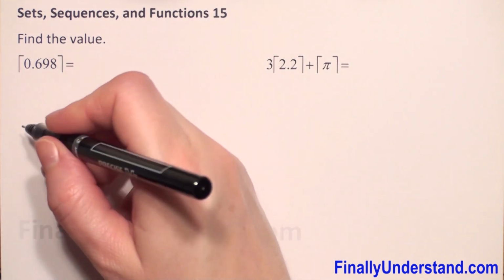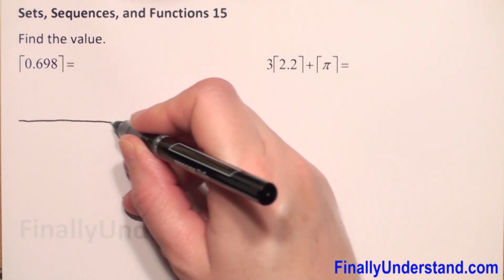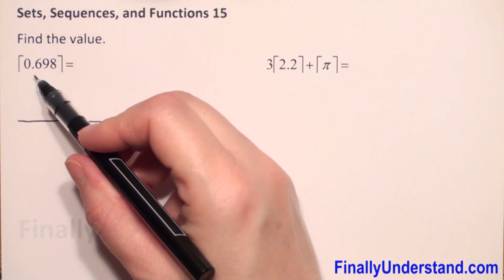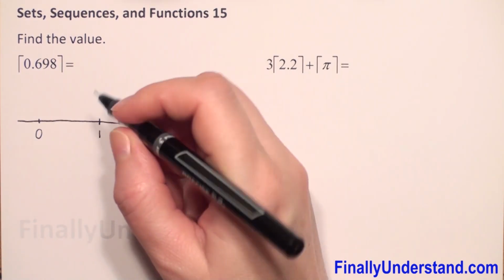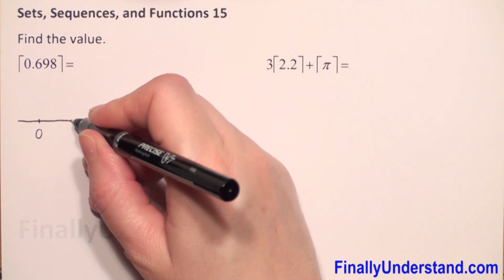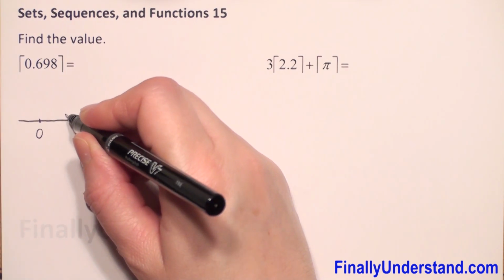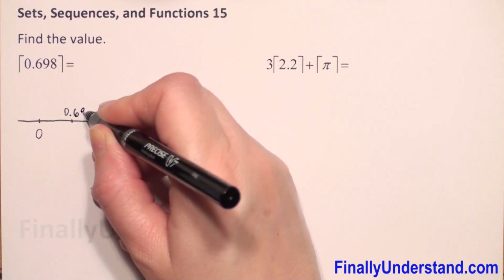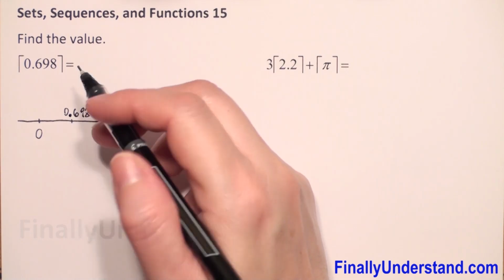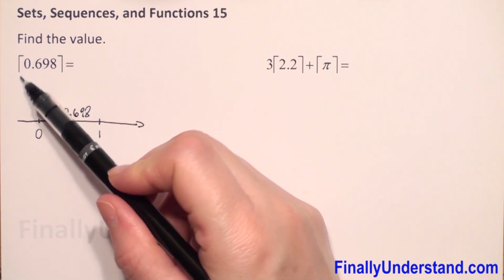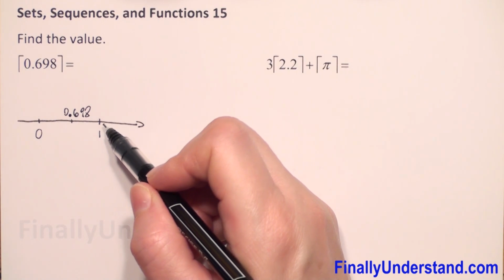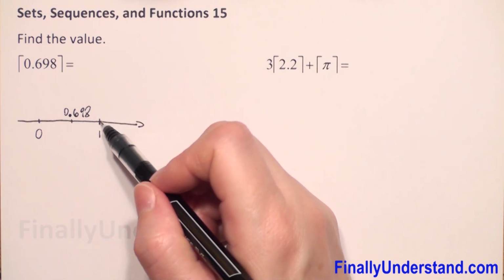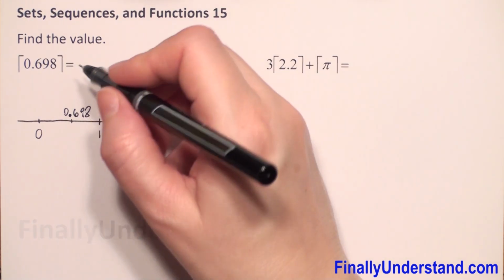First we will draw a number line. This number is between 0 and 1. We have 0.698. Because this number is not an integer, the smallest integer will be 1.